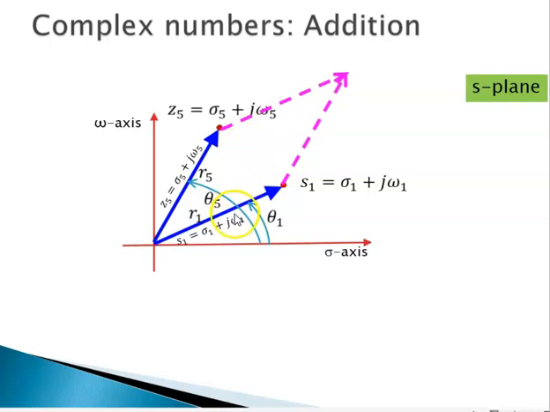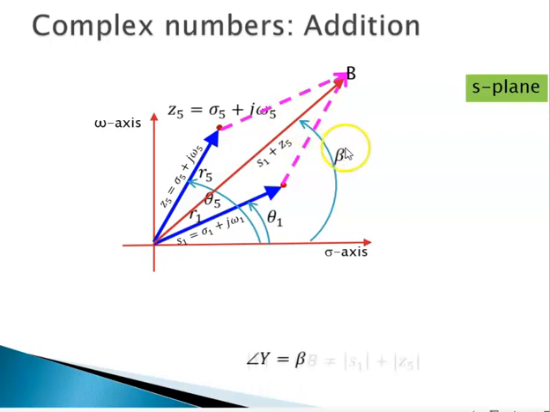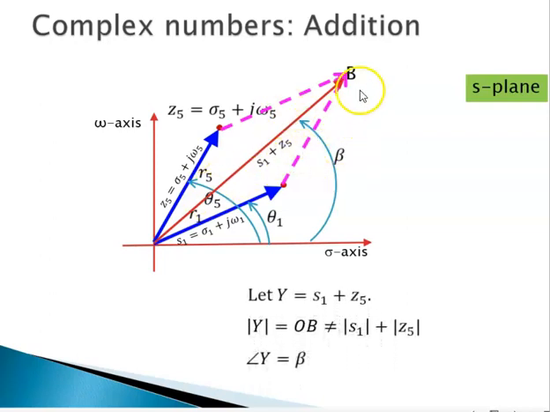This side is parallel to this side, and the sum of these two complex numbers is a third vector whose angle is beta and whose length is equal to OB. Of course, it is easiest to compute the sum by just summing the real parts and imaginary parts, but it's a good idea to know how to do that graphically.